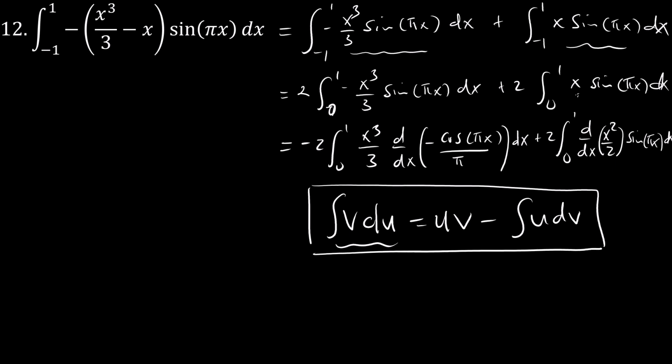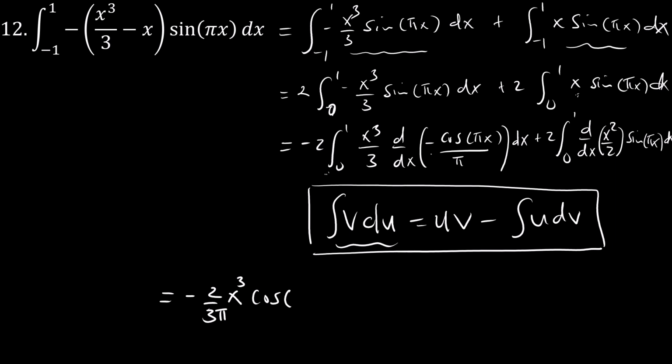So that now what we have here, our uv is going to be equal to negative x cubed, and then maybe we can bring pi there. So we have cosine pi x.